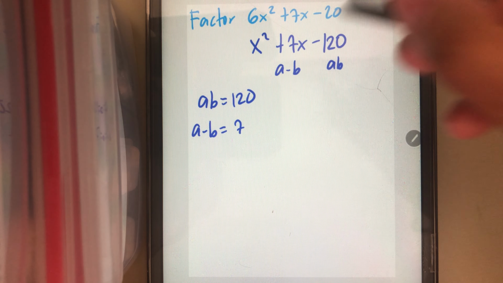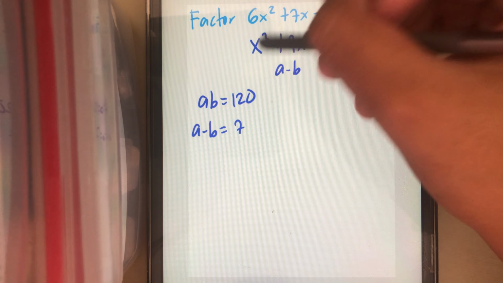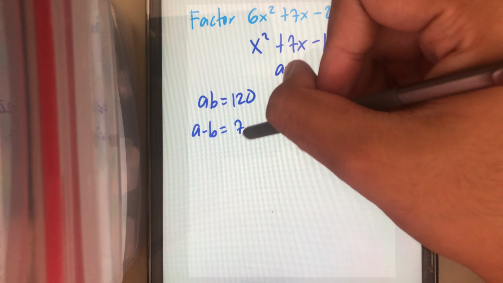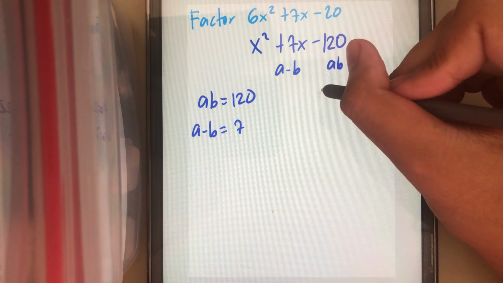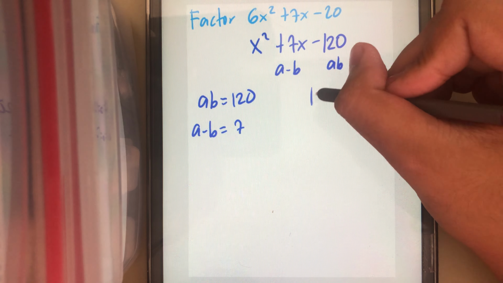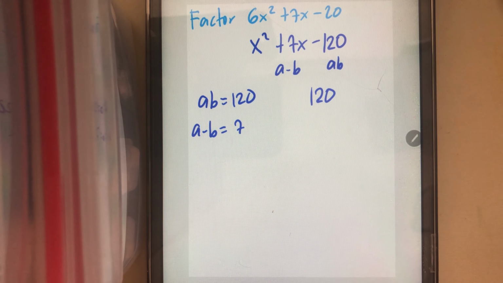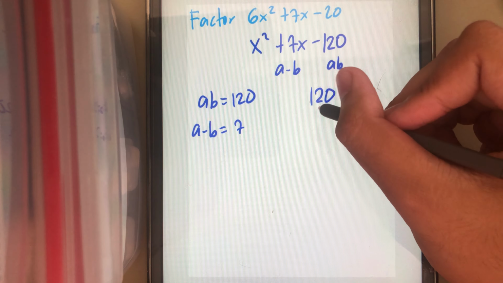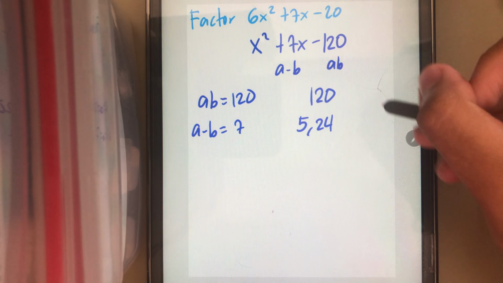So we have to find the factor pair of 120 that has a difference of 7. The bigger number is positive. So we can list out the factors of 120 that are closer to 7. You can put here 5 and 24.